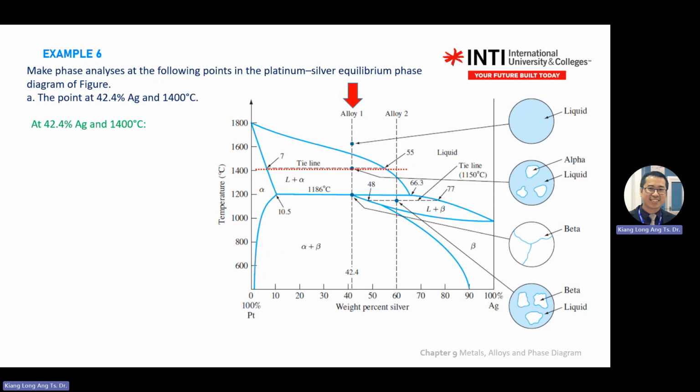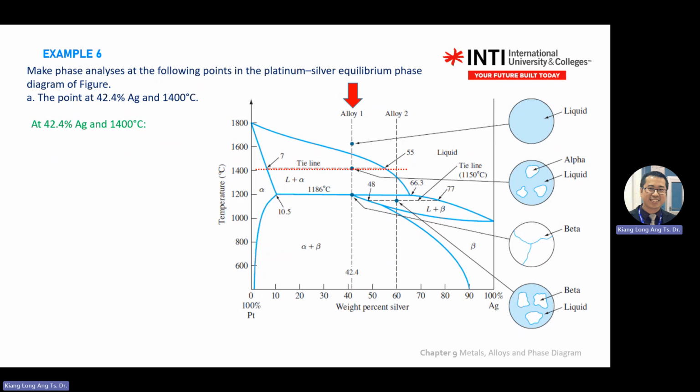The tie line on the left is alpha, in the middle here is liquid plus alpha, on the far right is liquid. So in this tie line, you only have two components, alpha and liquid. But this tie line depends on this point. So this point, you can calculate the total length.